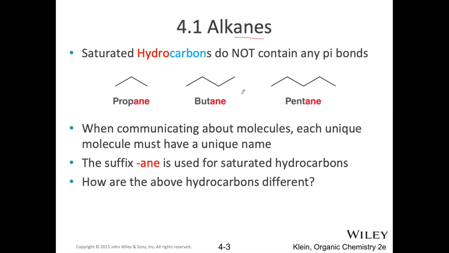For example, alcohols end with -ol, and so on. The prefixes will tell you the number of carbons. So, for example, the pent in pentane tells you that there are 5 carbons. So 1, 2, 3, 4, 5 carbons in pentane. And we'll get into that in a second.